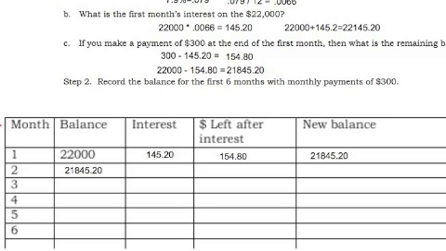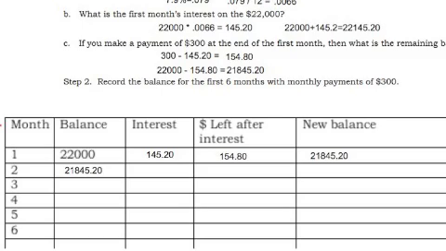And once you figure out that new balance, that will be the starting balance for the following month. Please pause and complete this table. Look for a pattern. Look for a recursive routine that you can use to represent your car loan.